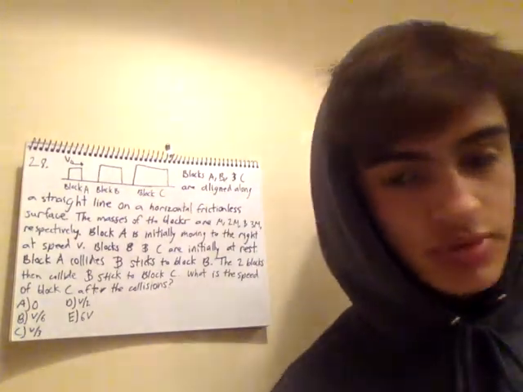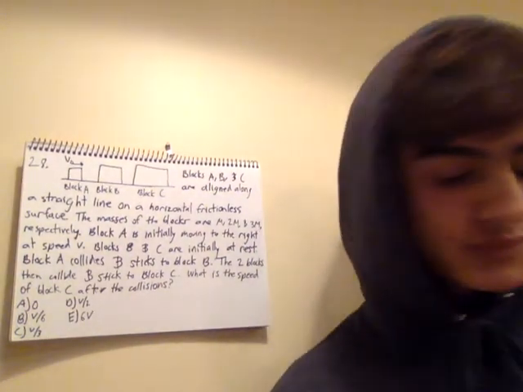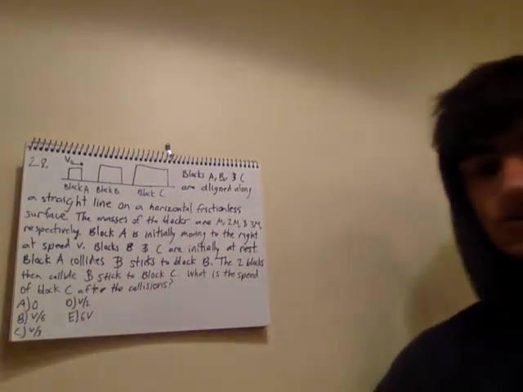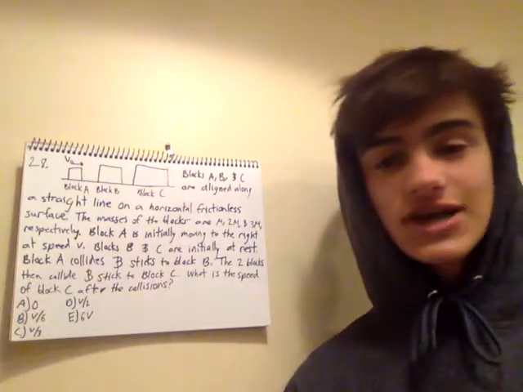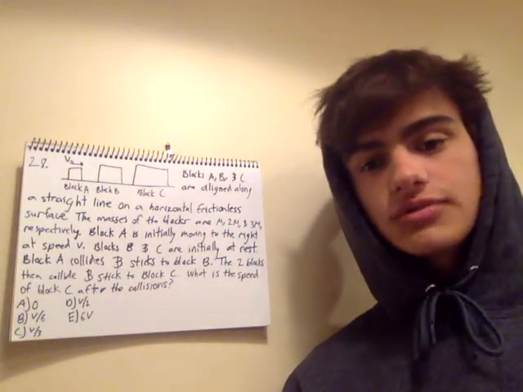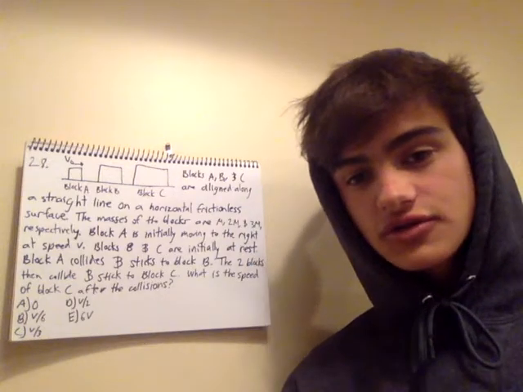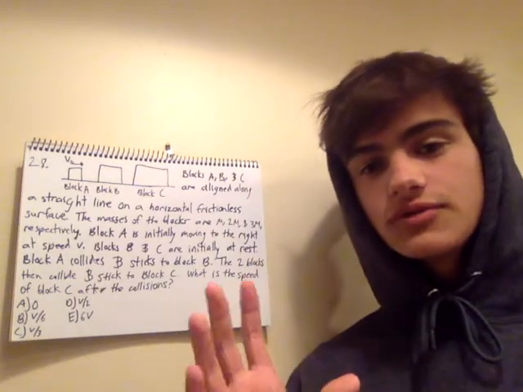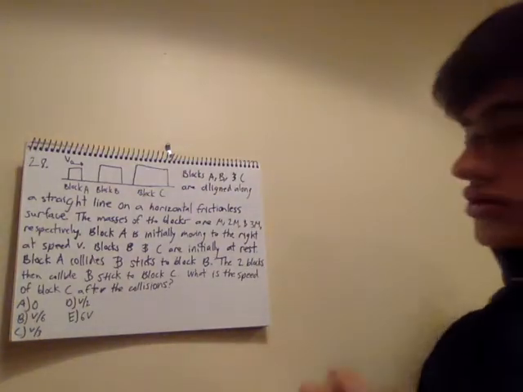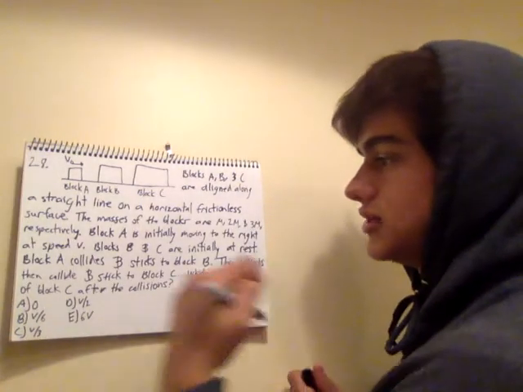So let's hop right in with our momentum equation. We know that momentum is equal to mv, mass times velocity. So we're going to set up initial momentum on the left-hand side of the equation is going to be equal to the momentum at the end on the right. So here we've got mv.